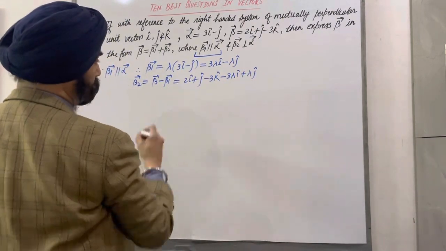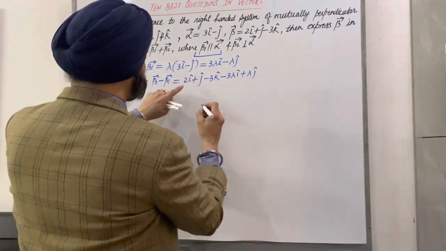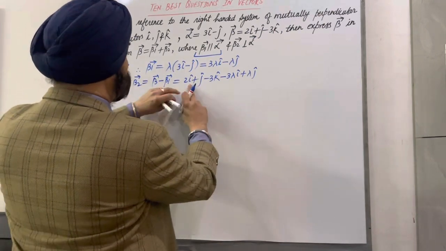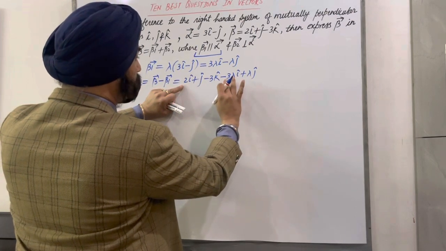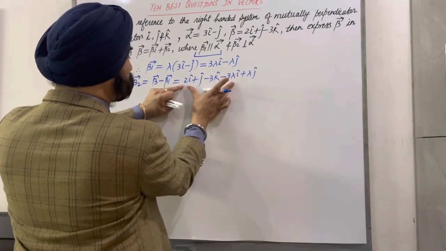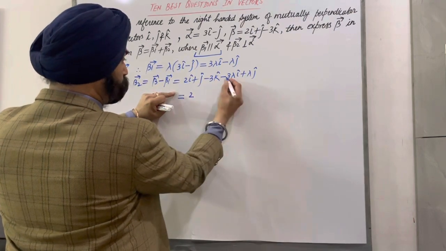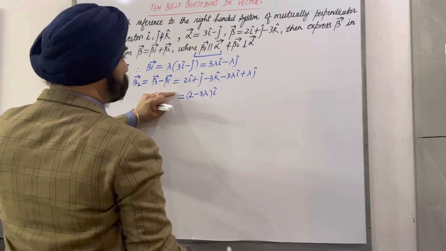Now after that we will gather the terms containing i and j. You can observe we have 2i here, and we have minus 3 lambda i. So if I club the terms containing i, I can write 2 minus 3 lambda, and i cap can be picked as common.